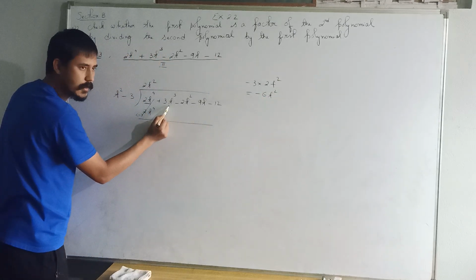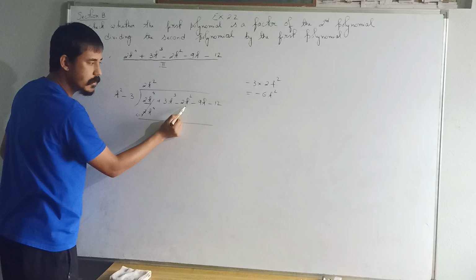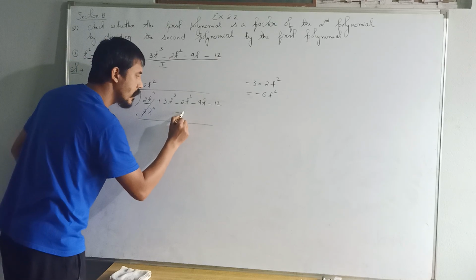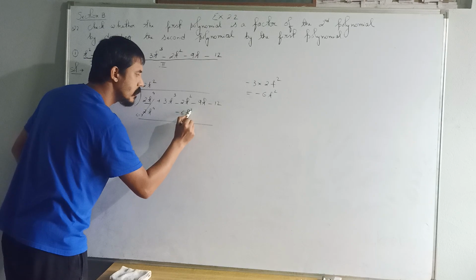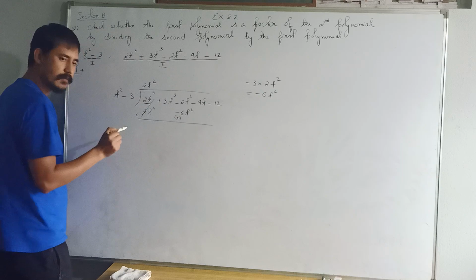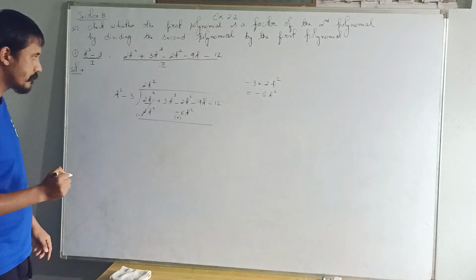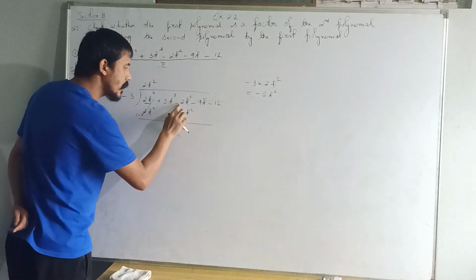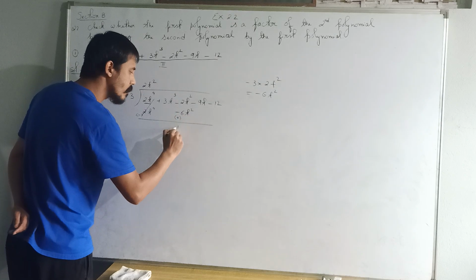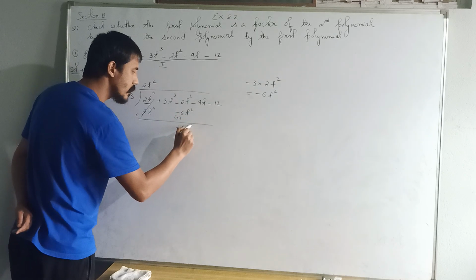This is a term containing cube, and this is a term containing t square. So I have to write below this term. So we have minus 6t square. Now this is negative, we are subtracting, so you need to change the order of the sign by making it positive. Minus 2 plus 6 plus 4 t square.